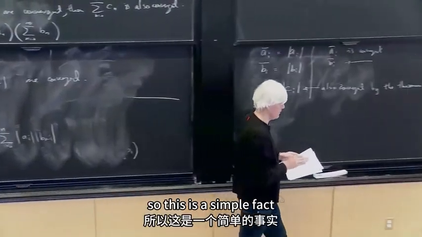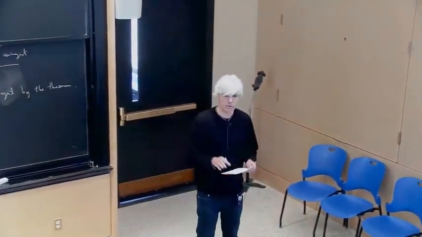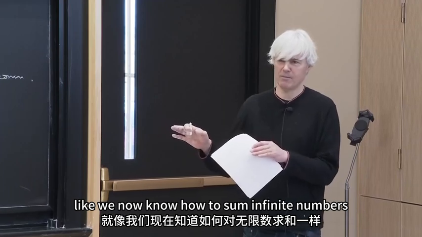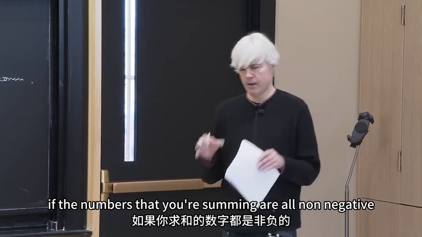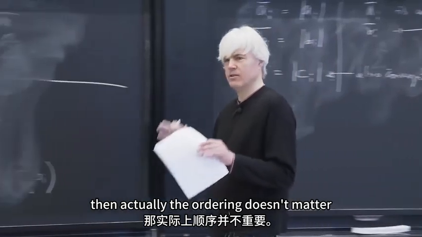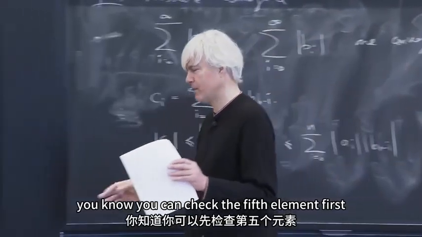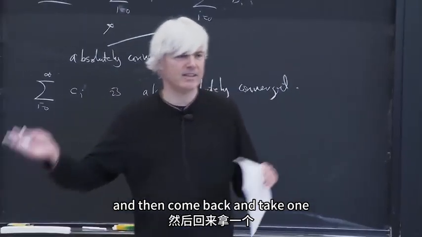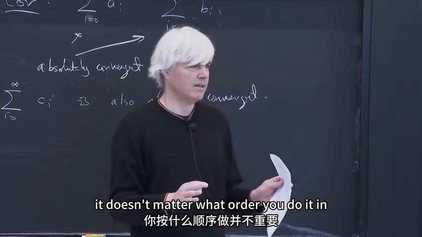This is a simple fact: we now know how to sum infinite numbers, but if the numbers that you're summing are all non-negative, then the ordering doesn't matter. You can take the fifth element first, and then the seventh, and then the 119th, and then come back and take the first one. It doesn't matter what order you do it in.